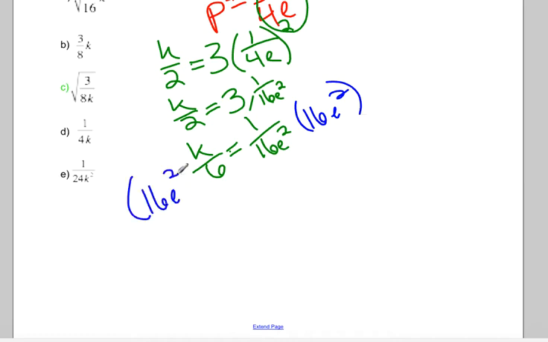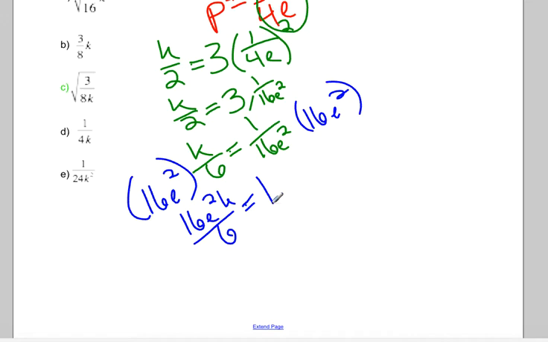So that'll give me 16e squared k in the numerator, but 16 over 6 is going to be reduced. Well, I won't do that yet. Okay. I'm going to have 16e squared k over 6 equals, on the right side, all that's left is 1.